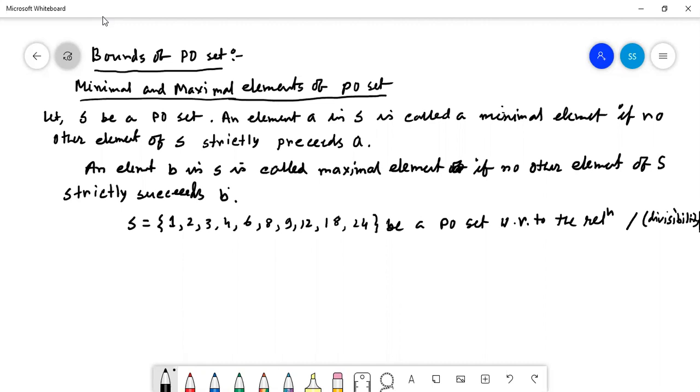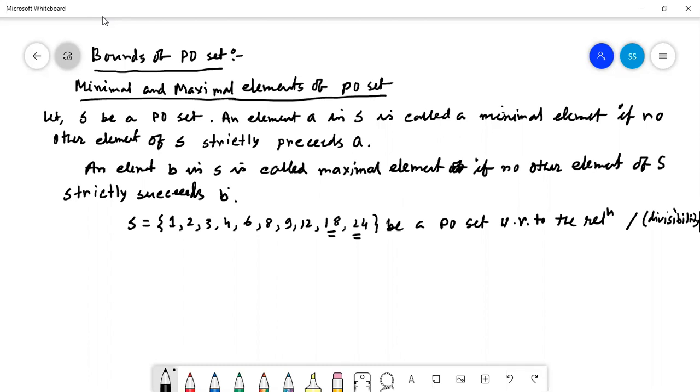Now here, 18 and 24 are not related, so S has two maximal elements, 18 and 24. 24 is not divisible by 18, and 18 is also not divisible by 24.